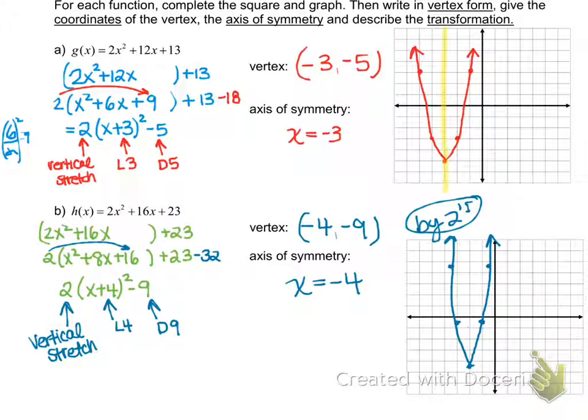Remember, if there's a negative, you have to factor it out, just like for these two examples, A and B, we factored out the 2. And obviously if there is another number in front, you have to factor that out as well. So take a look at the rest of that worksheet, complete the front and back, A through F, and then go on the portal and check the answer key to see how you did.